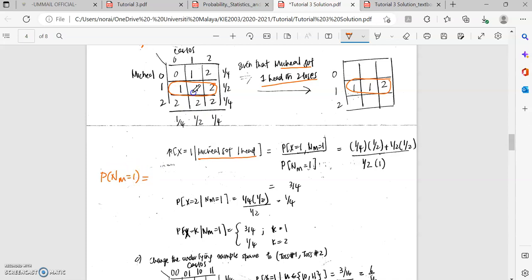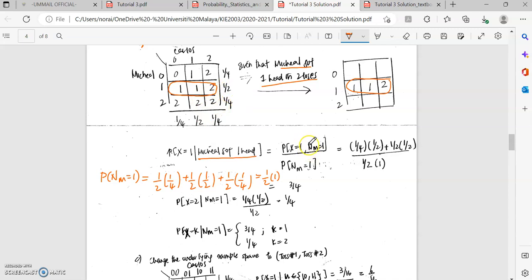This is equal to 1 over 2 times 1 over 4, plus 1 over 2 times 1 over 2, plus 1 over 2 times 1 over 4. This is equal to 1 over 2 times 1, because all of these add up to 1. And then for X equals 1 and N_M equals 1, these are all the possible outcomes.